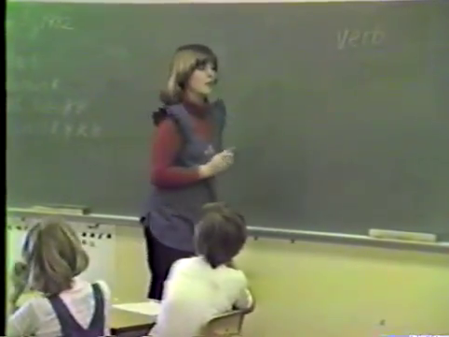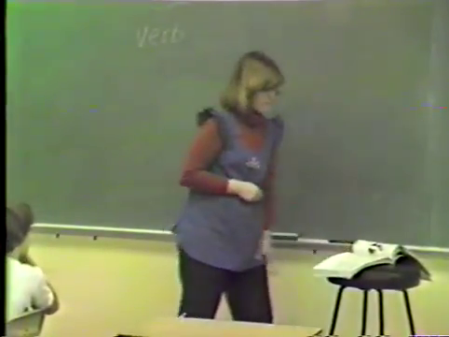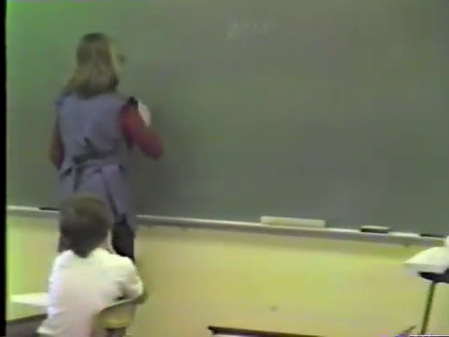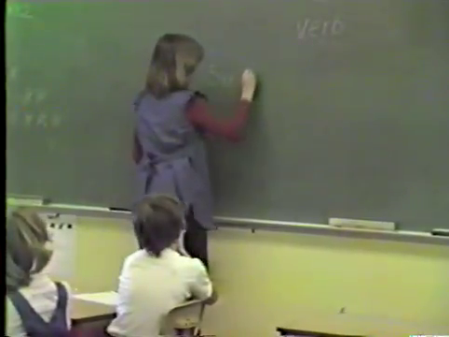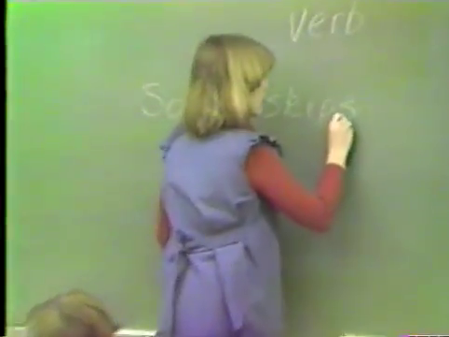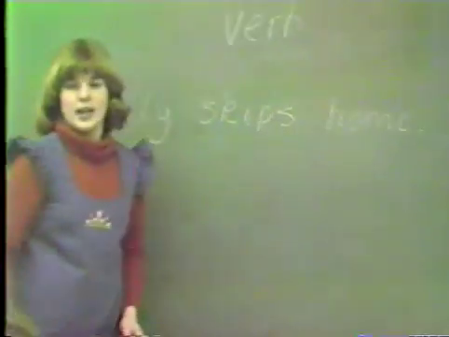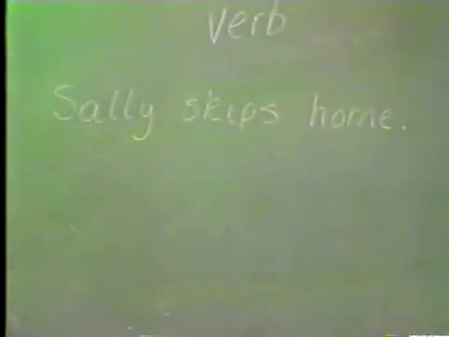I'll write a sentence on the board, and I want you to write the verb on your paper. Sally skips home. Will you write the verb on your paper, please?